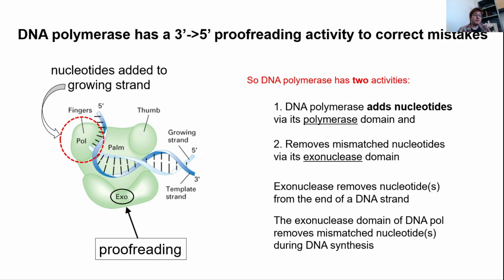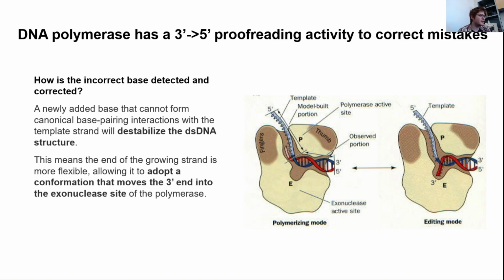In particular, the function of this exonuclease domain in the context of DNA polymerase is going to be to remove mismatched nucleotides which are introduced during DNA synthesis. So in principle, if you added an incorrect nucleotide, you could pivot your chain into this exonuclease site and then snip off the mistake that you'd made. And so how is the incorrect base actually detected?